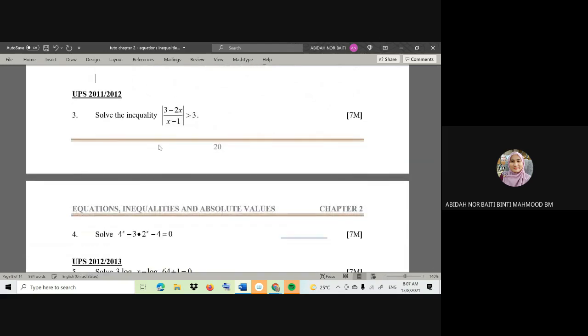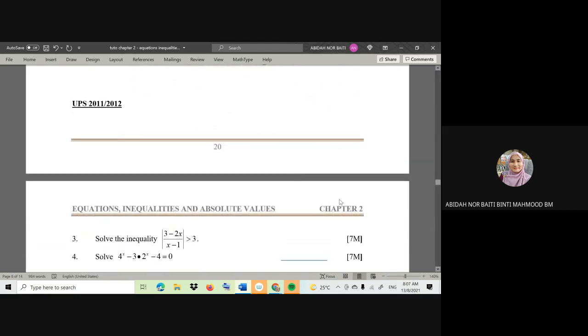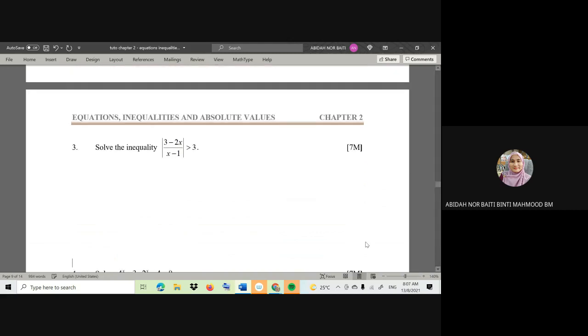For question 3, okay, question 3 is modulus at one side. So we use goal ya, modulus goal. Okay, modulus with one side we use goal. So this is greater. So greater is or.